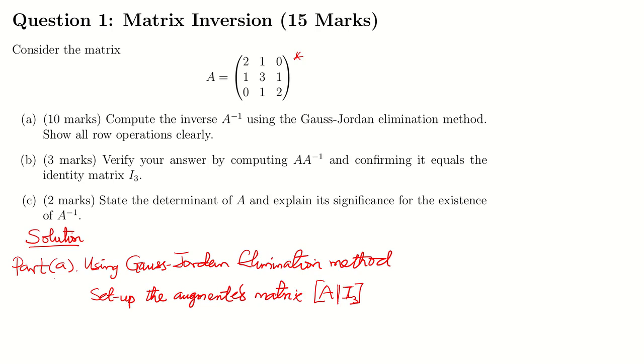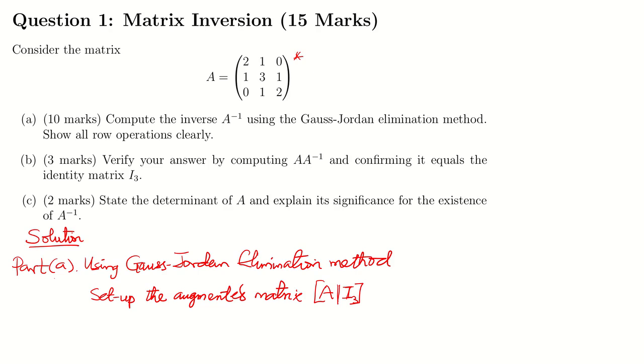So let's set the matrix up. Don't forget the matrix has the elements 2, 1, 0, 1, 3, 1, 0, 1, 2. The augmented matrix is presented as follows: A | I is equal to 2, 1, 0, 1, 3, 1, 0, 1, 2, with my vertical line, 1, 0, 0, 0, 1, 0, 0, 0, 1.